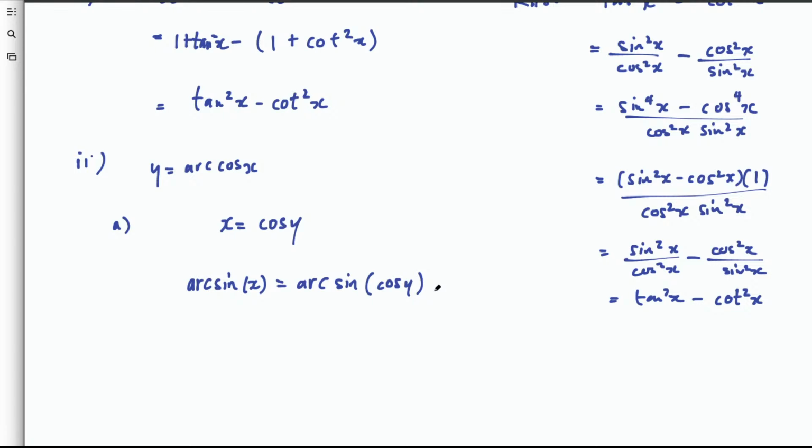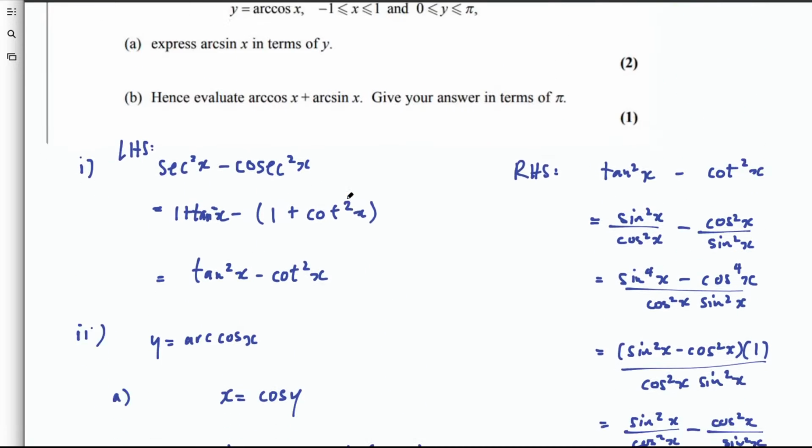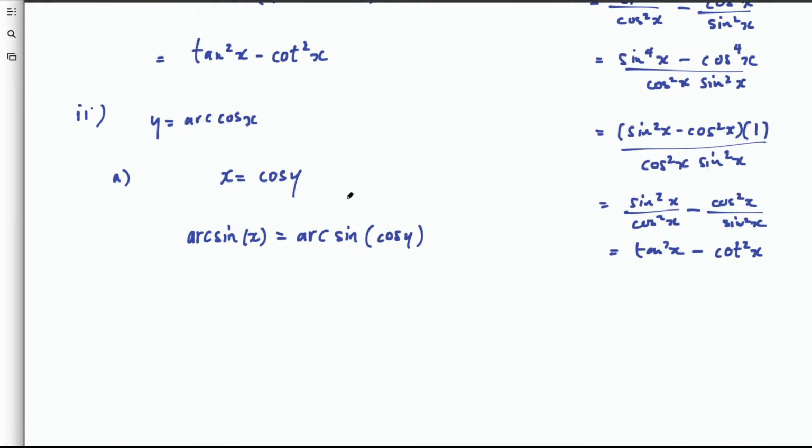What do we still need to do? We need to simplify the right hand side. So we have arc sine, and we need that in terms of y, right?